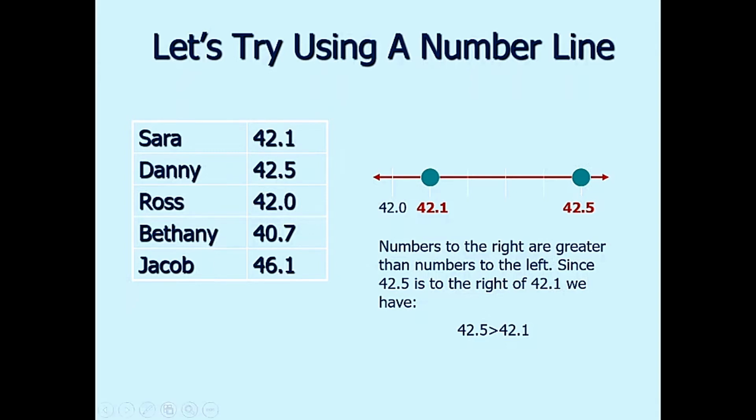Since 42.5 is to the right of 42.1, therefore 42.5 is greater than 42.1. Okay?